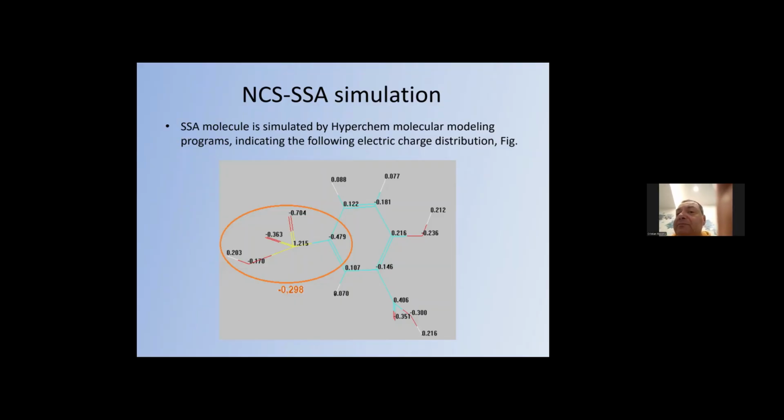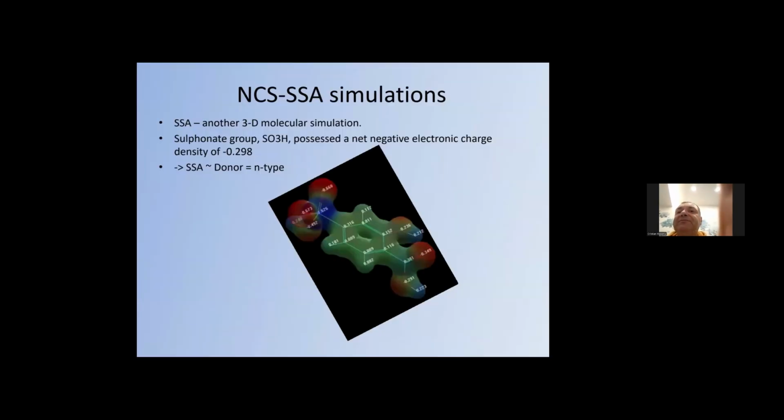And it will be true that the measurement will prove this electron enhancement of the material. Also, three-dimensional molecular simulations were made in this picture.